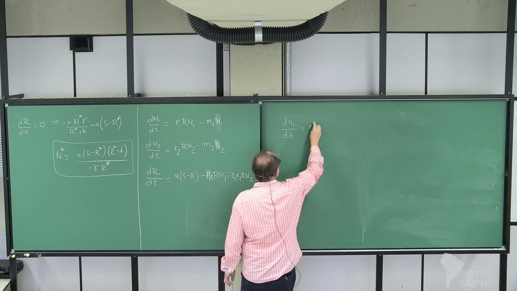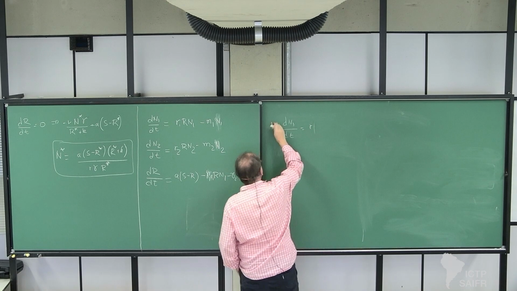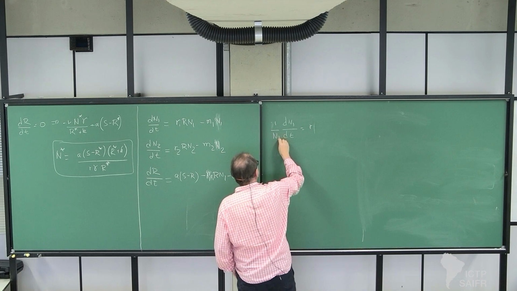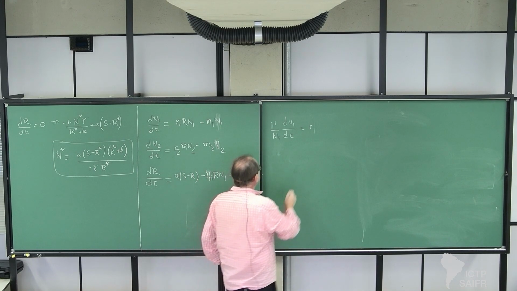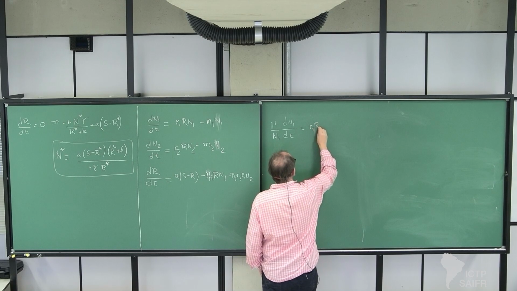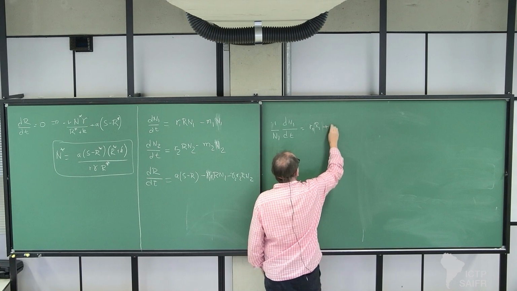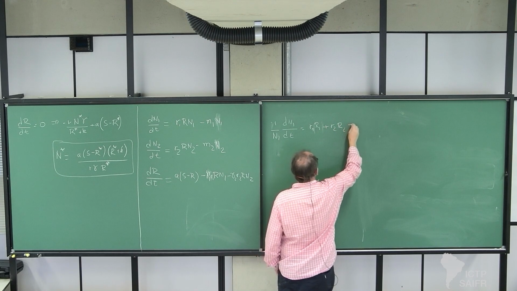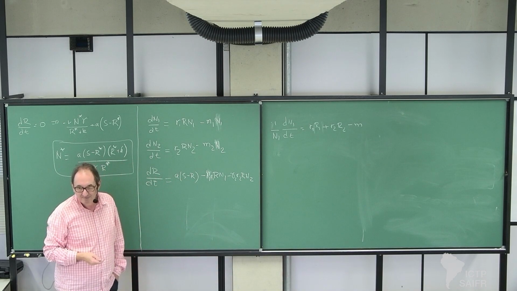Let me write it this way: I divide by N1. So there will be R1 resource 1 plus R2 resource 2 minus M. Now I have two resources.